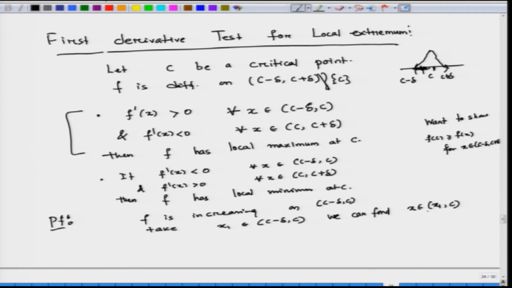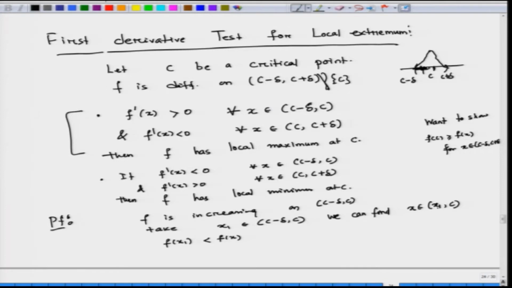So, now if x belongs to x 1 and C, then f of x 1 is going to be less than f of x, because both x and x 1 are in C minus delta to C. So, this is true for all x belonging to x 1 C. This will imply that f of x 1 is lesser equal to limit x goes to C minus of f of x.